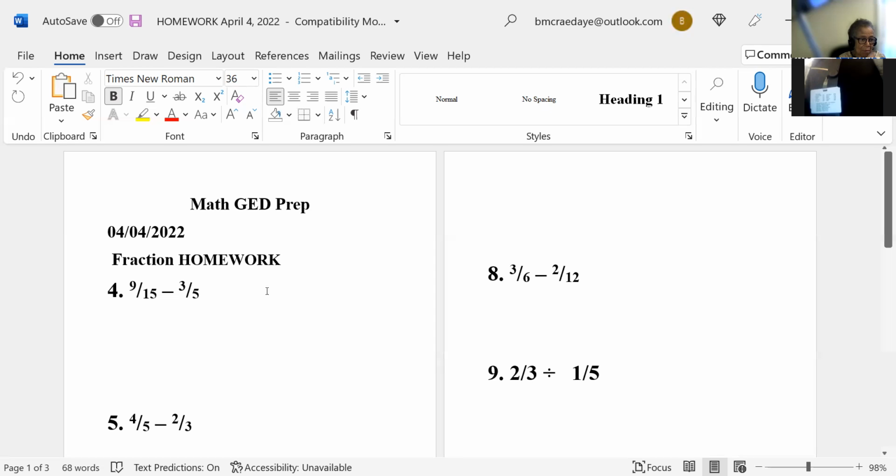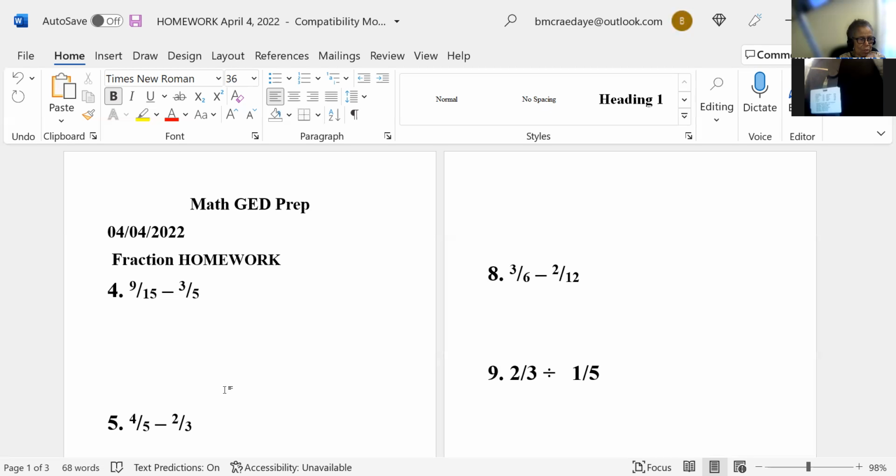Yes. And remember when I do the slash, this one on the right is the top, and the one on the bottom is the bottom. So I have to change the 3/5 by finding a number that can multiply both to change 5 to 15, right?